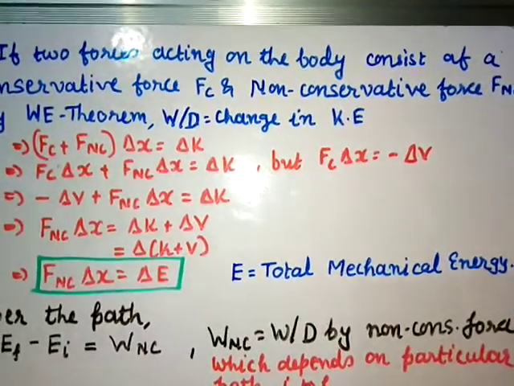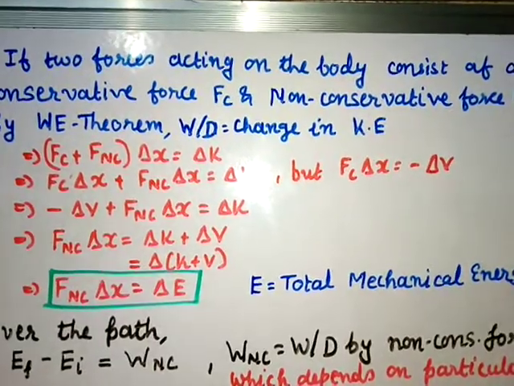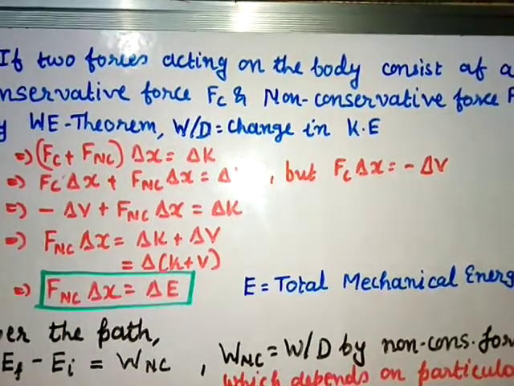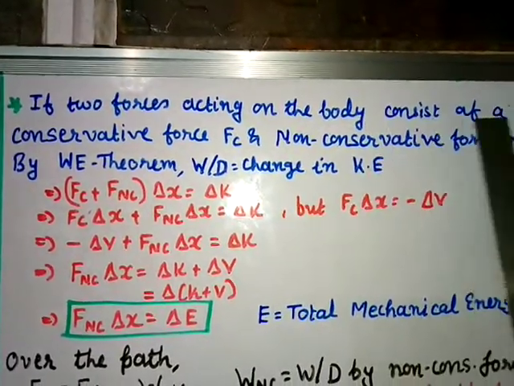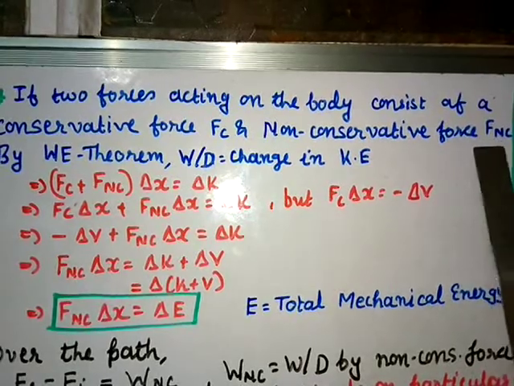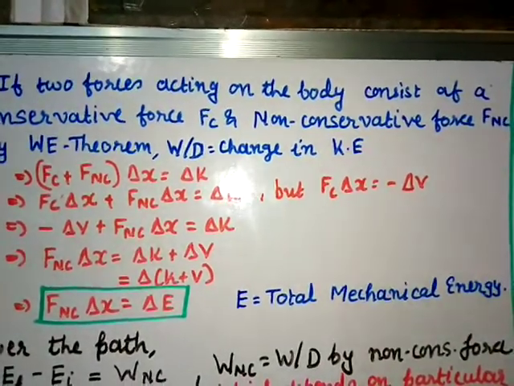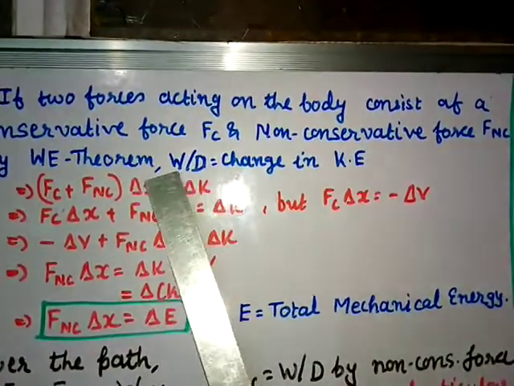Now suppose when the forces acting on a body are conservative plus non-conservative, then what happens? Okay, if the forces acting on a body consist of a conservative force Fc and a non-conservative force Fnc, then by the work energy theorem, work done equals change in kinetic energy.